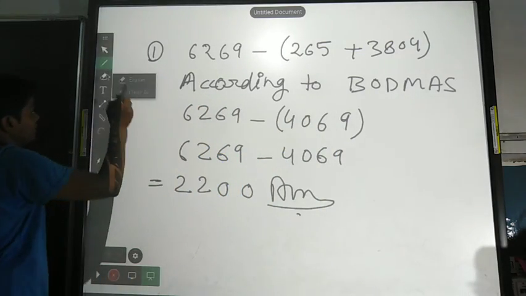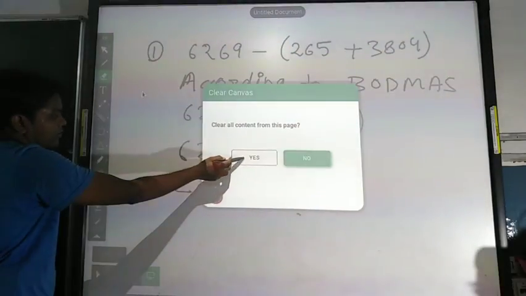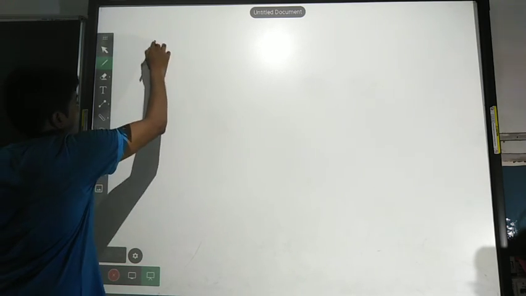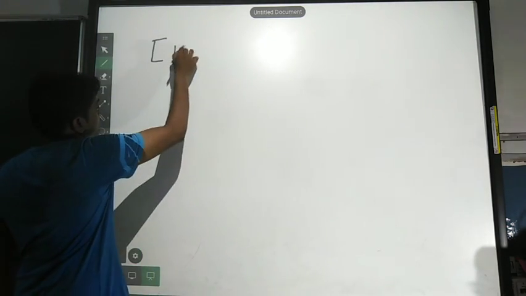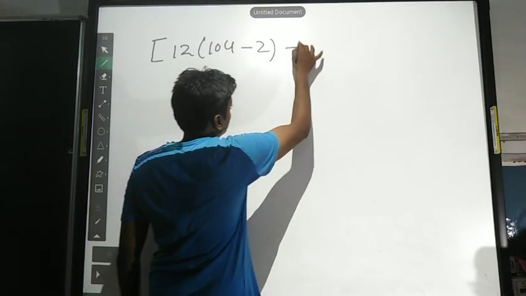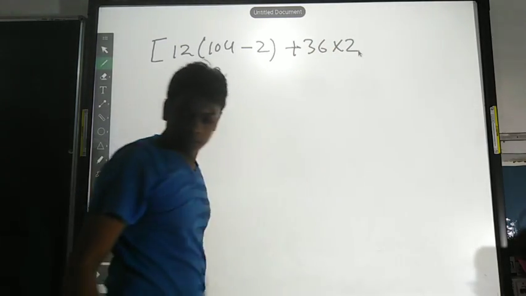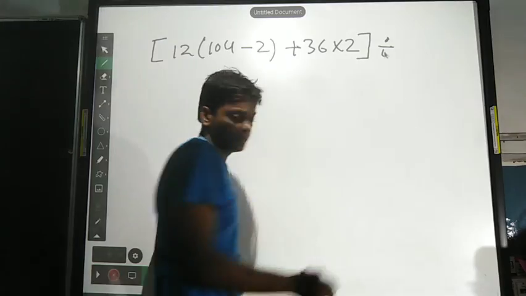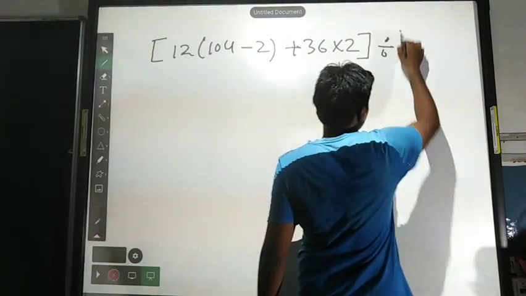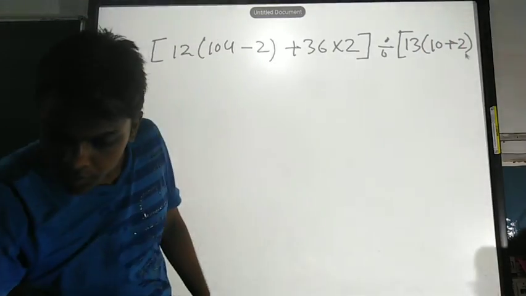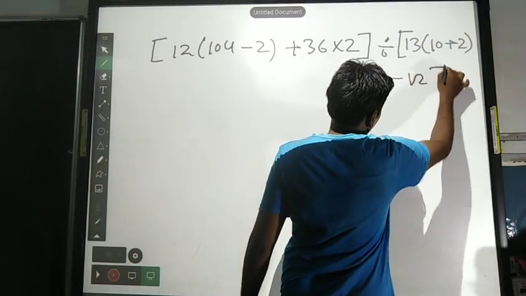Okay, now we will see another question. This question has multiple terms: 12 into (104 minus 2 plus 36 multiplied by 2), bracket close, divided by 13 into (10 plus 2) minus 12, bracket close.